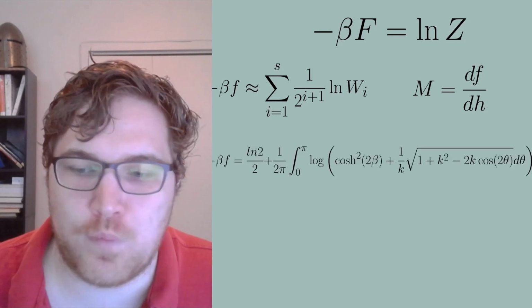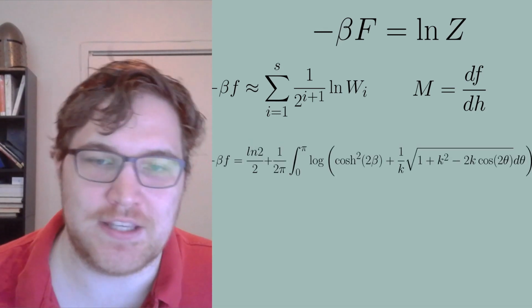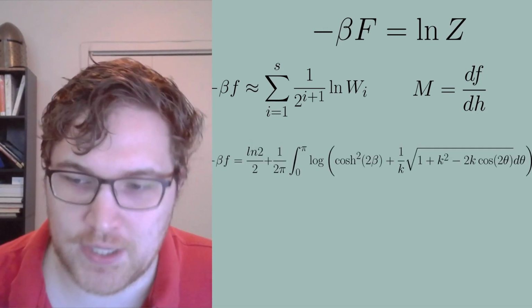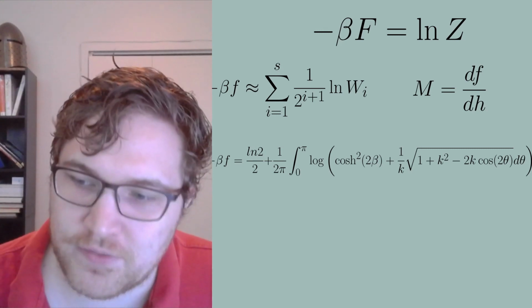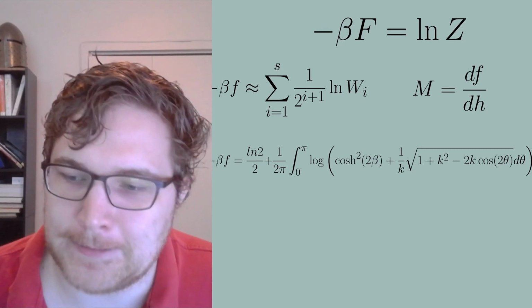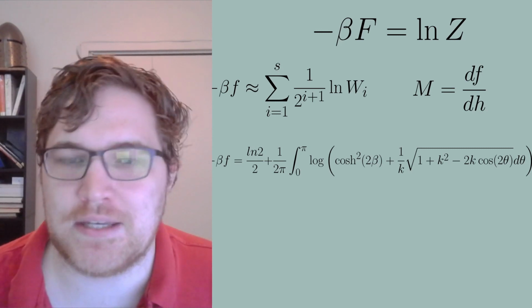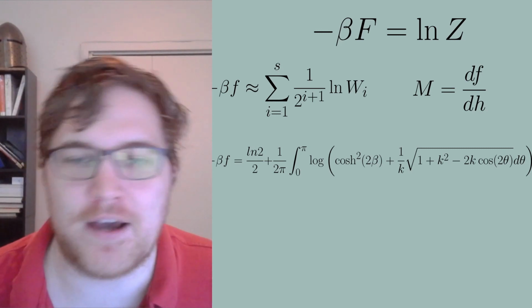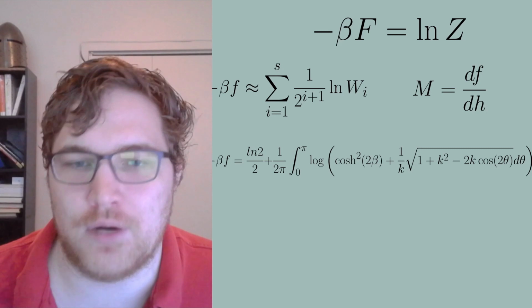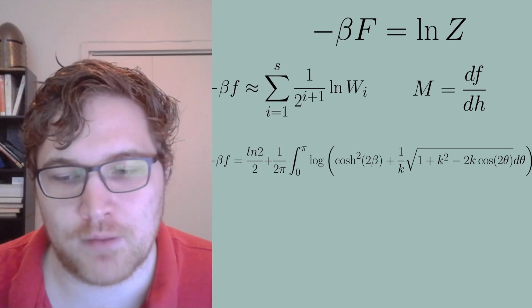So the expression for the free energy is the following large integral expression. The contents of it actually aren't that important, but just know that it exists and we just have to evaluate it numerically to compare to our algorithm to see how good our algorithm is.